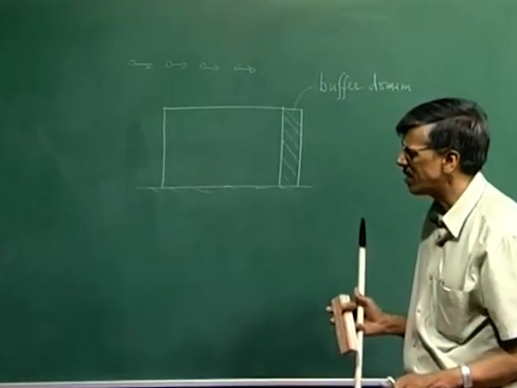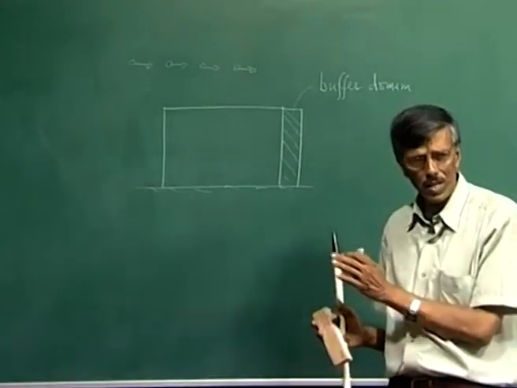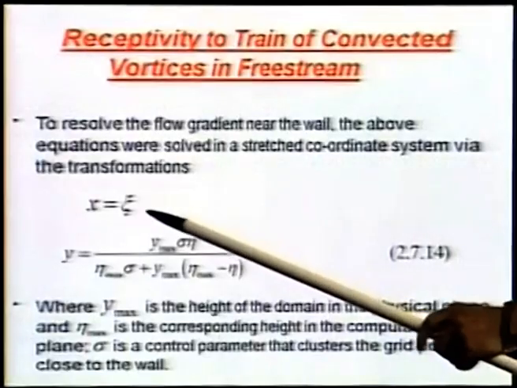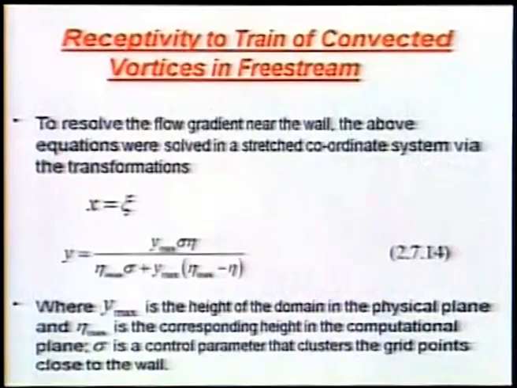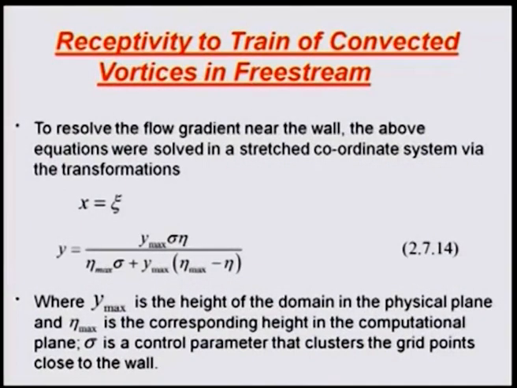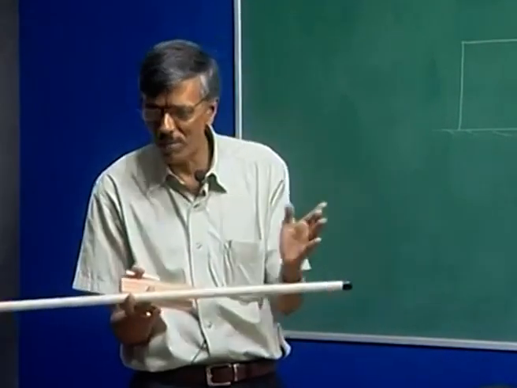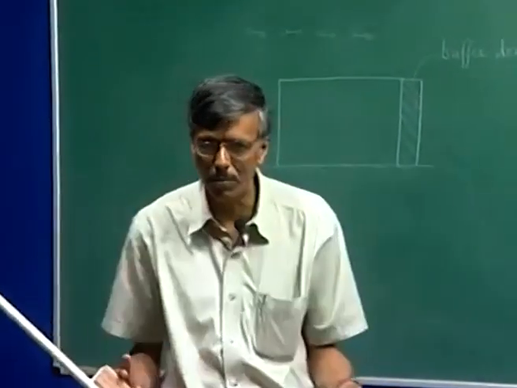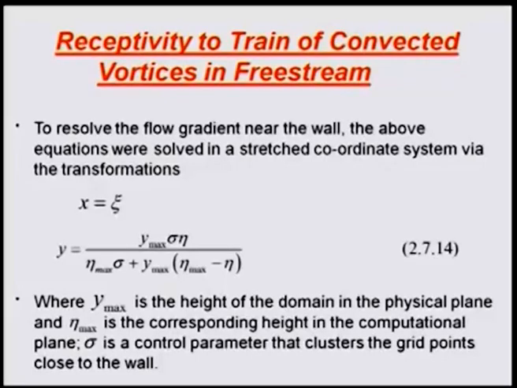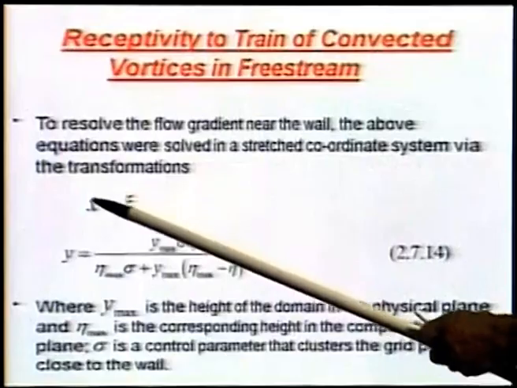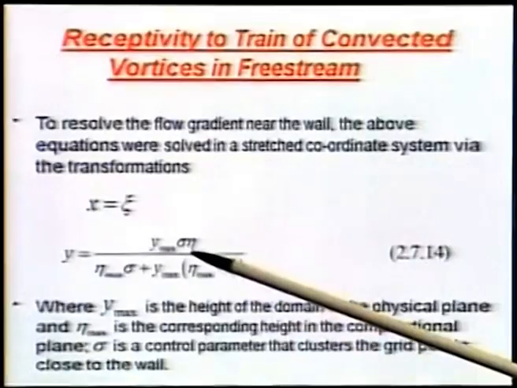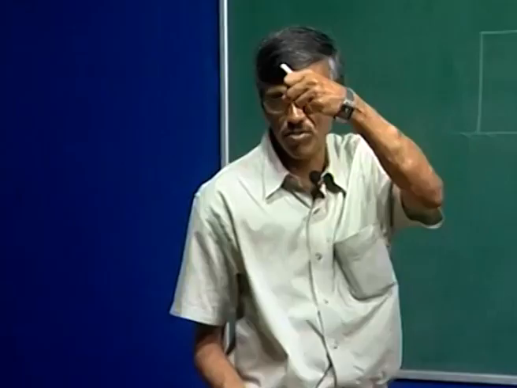If we are going to see that, then in the progression of that packet, we would not like to have anything other than uniform spacing in the streamwise direction, because there is no preference in the x direction. If I have a grid, at that point sometimes a vortex will move past, sometimes it will be free, but we do not want to do a fancy time dependent grid. So, we will use a transform coordinate xi, which is nothing but x itself, whereas in the wall normal direction we would resort to some kind of a stretching.